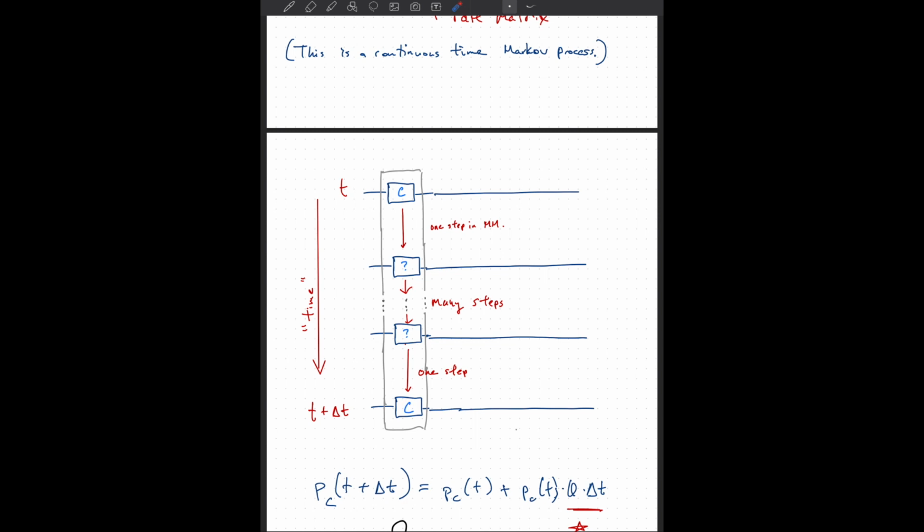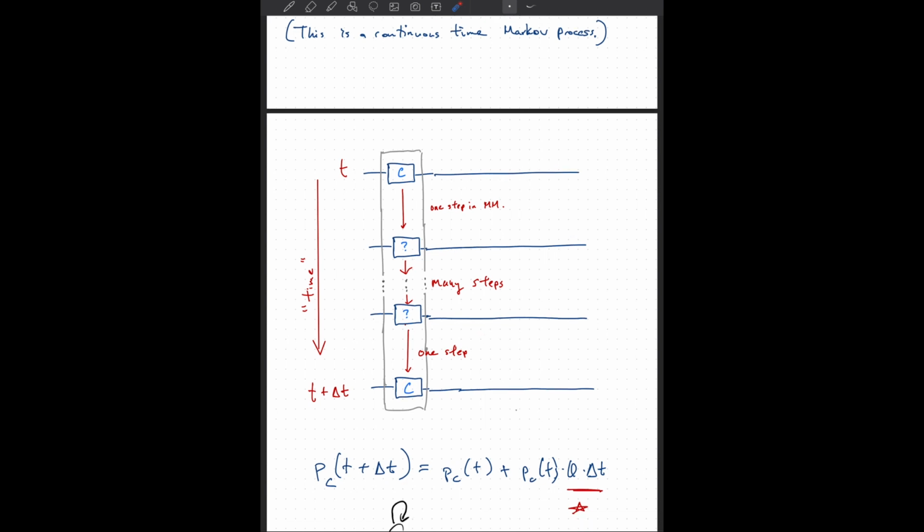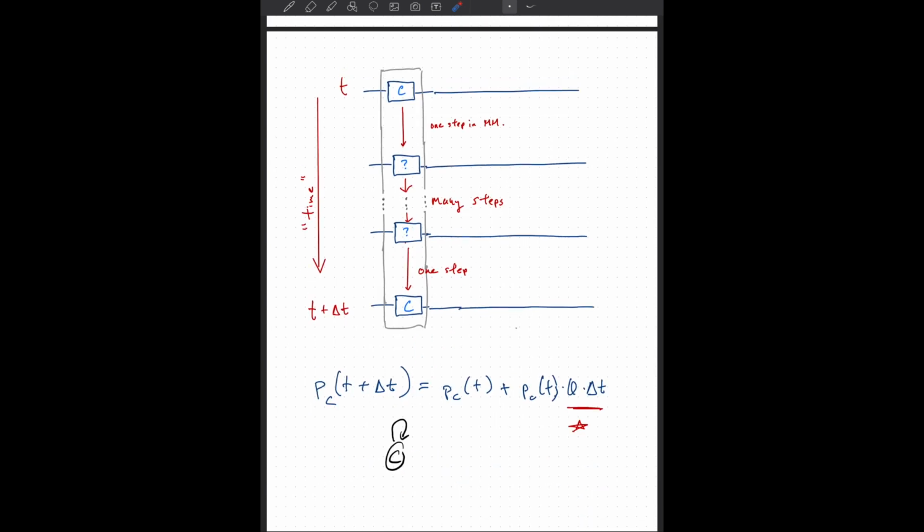So you could think of enumerating all possible ways of walking through that chain. In a four-state model, that's not too hard. You could say CCCC, CCAC, CCTC, CCGC, and then another one would be CCACC.